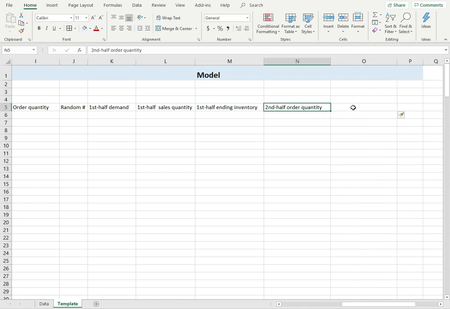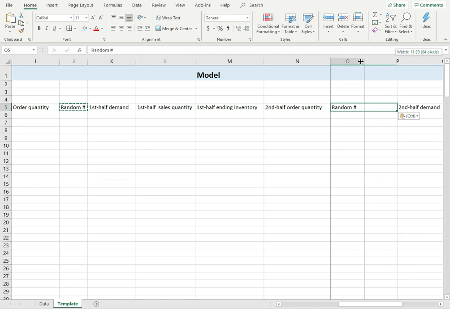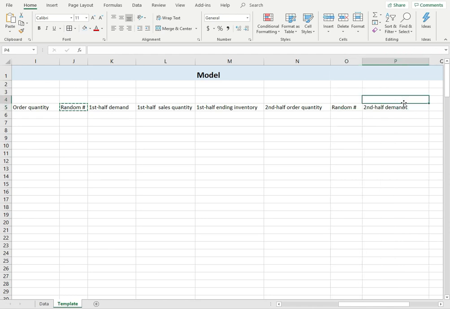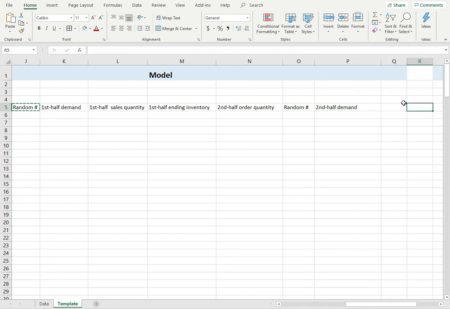What happens next? Well, now I know my available inventory for second half, then I can find out the second half demand. Again, this is something I need to simulate, so let me add a column in front of it for random numbers. You always do that when you try to simulate something. Once I know the second half demand, then what's next?